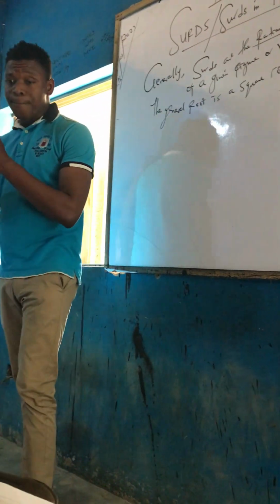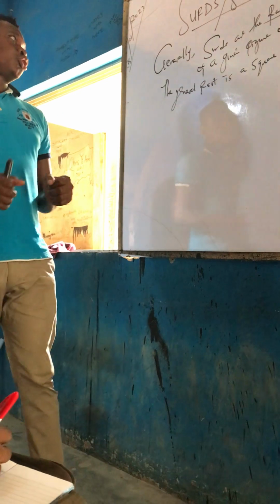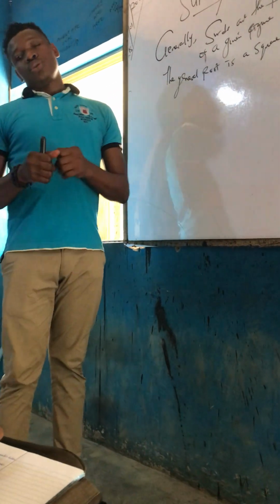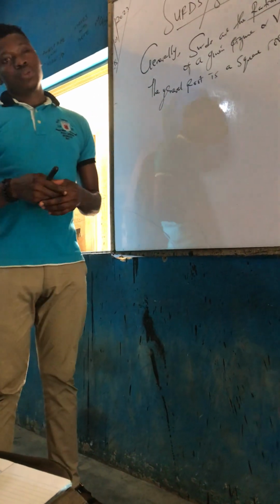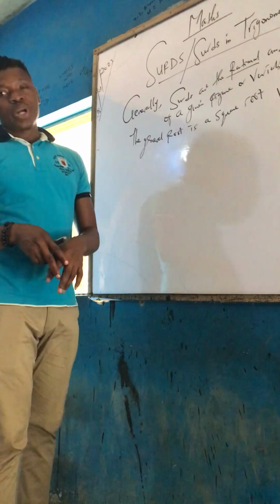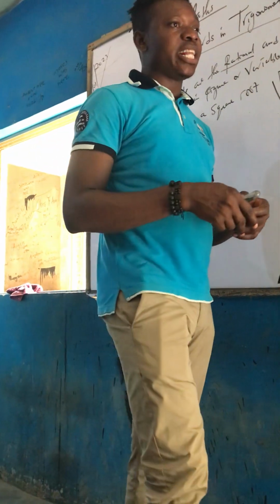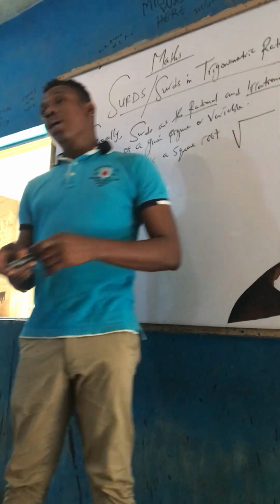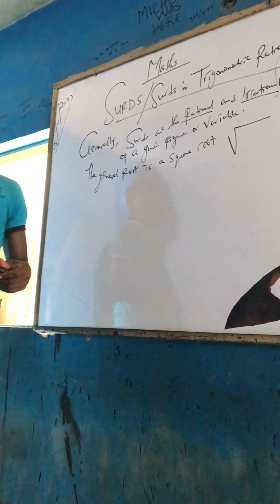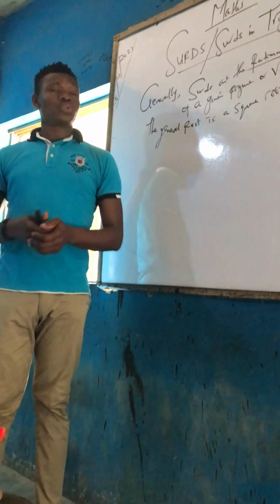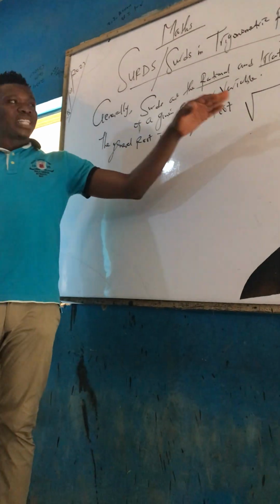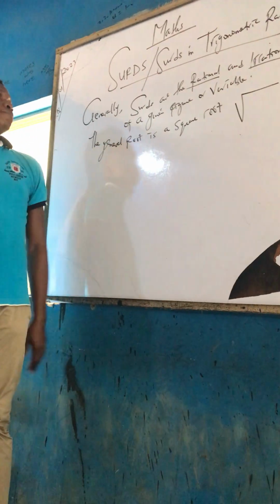Root of a number, but generally should be square roots, not cube roots. We can't be dealing with cube root for surds or fourth root for surds. The general common root is the square root with this symbol.